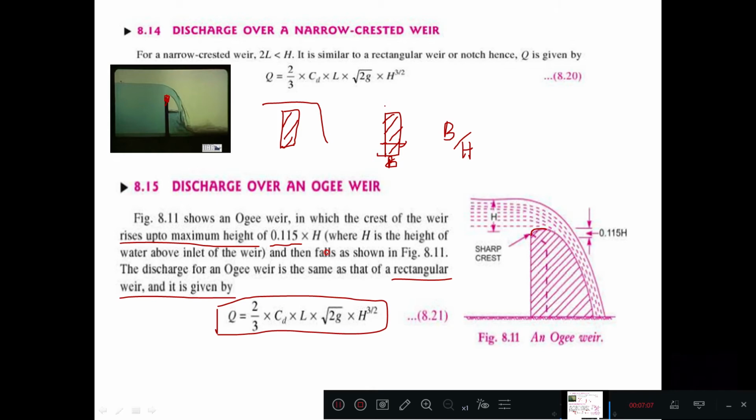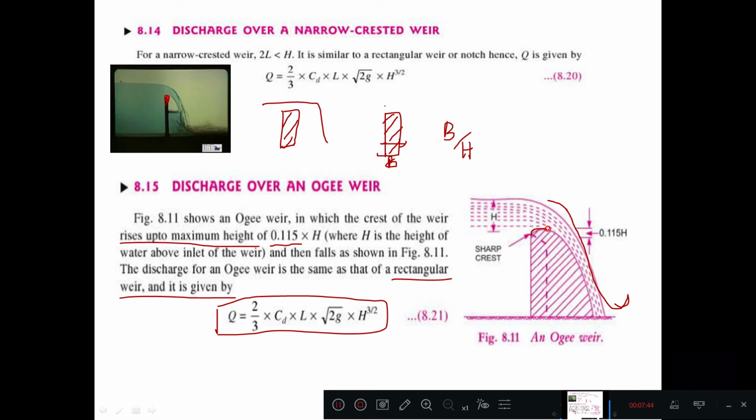The crest of the Ogee weir rises slightly and then falls in a parabolic shape. Flow over an Ogee weir is also similar to flow over a rectangular weir, and it has a reverse curve shape like an elongated S, where the water falls like this, an elongated S, that is, a reverse S.